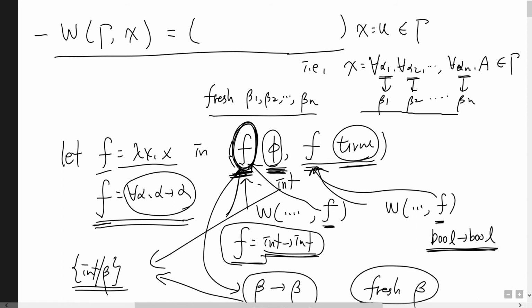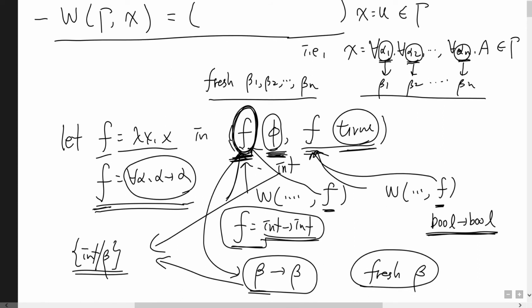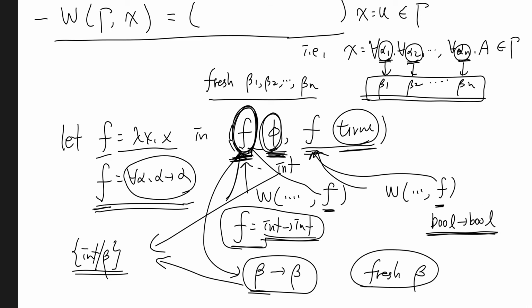In this way, we don't have to make a guess on the concrete type for these type variables alpha 1, alpha 2, and alpha n. Later, when we actually compare these type variables against the actual argument, at that time, we will decide the actual, concrete type for all these type variables.